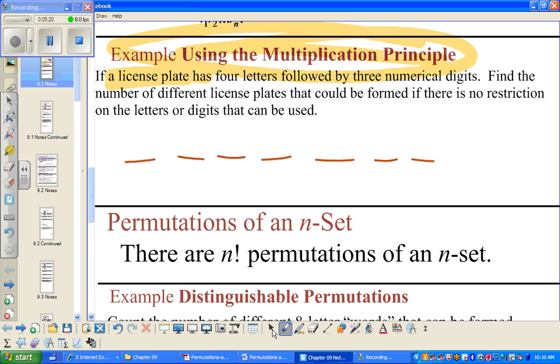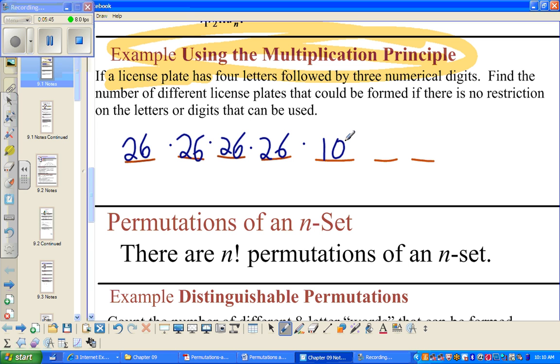Well, you just take the number of options you have for each spot and multiply them together. There's 26 letters, so you would take 26 for the first option, and then since you can repeat, you'd have 26 options here, 26 options here, 26 options here, and then the last 3 are numbers. Well, how many digits are there? There's 10, 0 through 9.